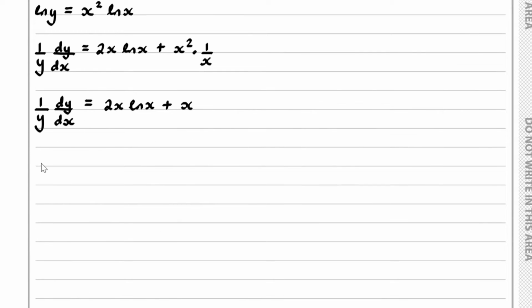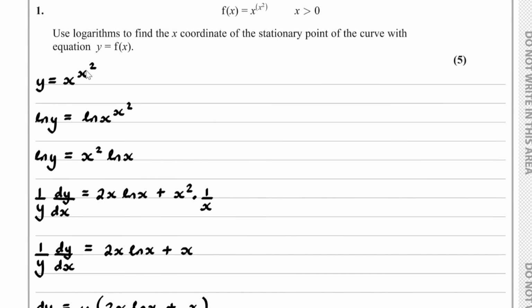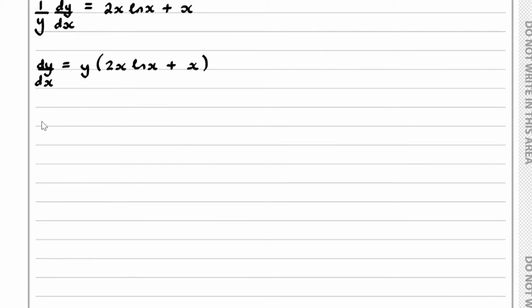And if we multiply through by y, we would have dy over dx, which is equal to y multiplied by 2x times the natural log of x plus x. And knowing that y is equal to x to the x squared, we can therefore conclude that dy over dx is equal to x to the x squared multiplied by 2x times the natural log of x plus x.